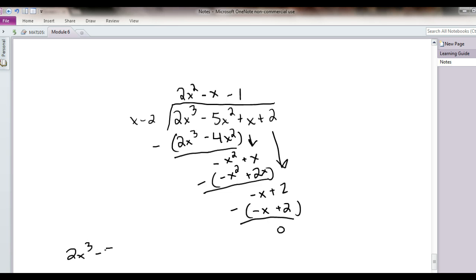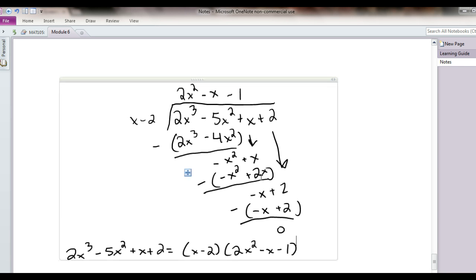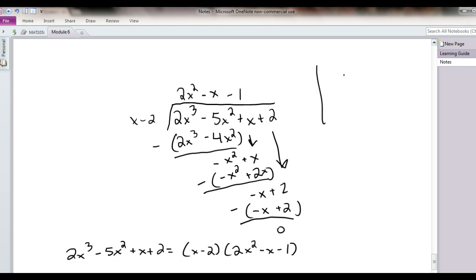So this tells us that we actually have a factorization. So 2x cubed minus 5x squared plus x plus 2 is really just equal to x minus 2 times 2x squared minus x minus 1. So to find all the zeros, let's see if we can factor that anymore. So does 2x squared minus x minus 1 factor? Let's see, 2 times negative 1, negative 2. Are there factors of negative 2 that add up to negative 1?